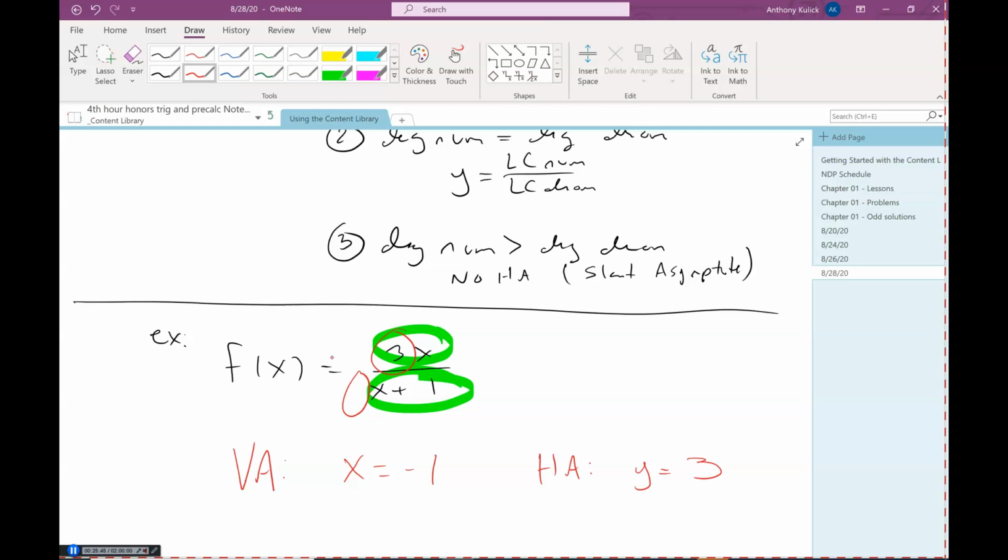Everybody's okay there? And you could then test your assumption by looking at the graph and even making a table of values if you really weren't sure about the horizontal. Is that okay?